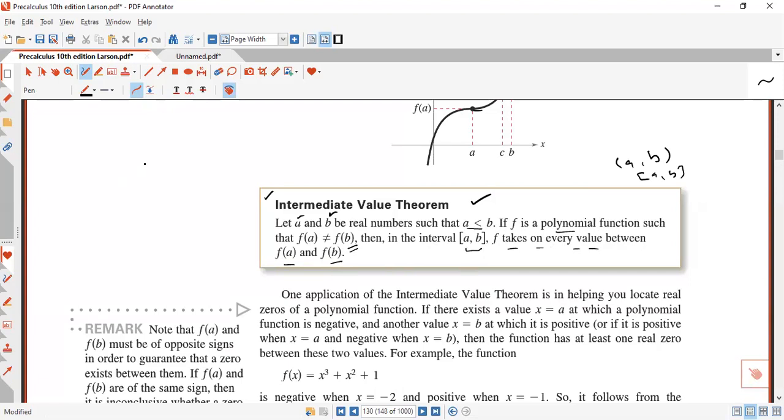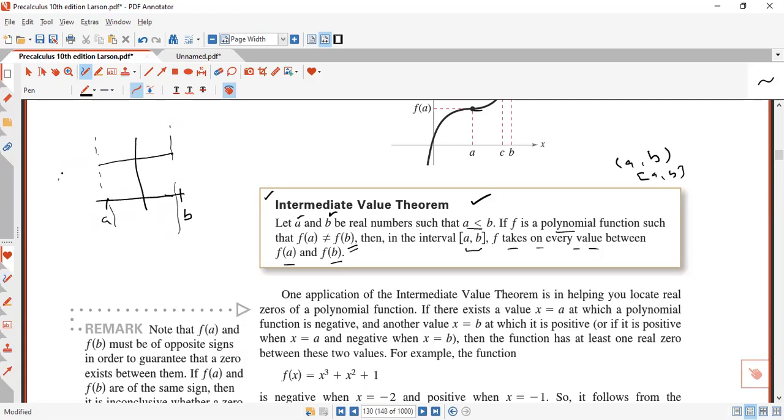So graphically, let's suppose A is here and B is here. Now from A to B, if I draw vertical lines, here we have the interval. Can you draw any continuous graph from this vertical line to this vertical line such that the endpoints are not equal? The function should not be just like this one. Why?